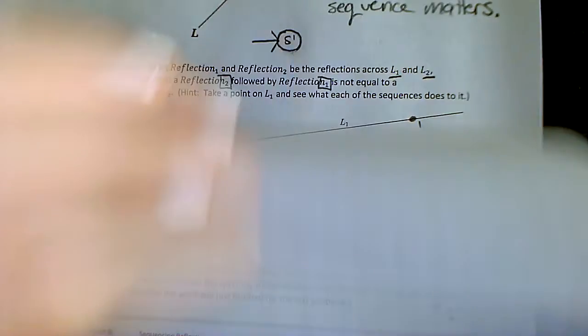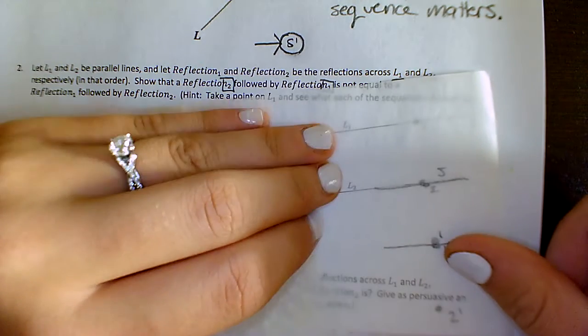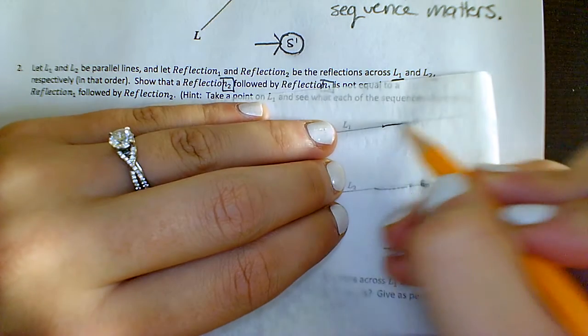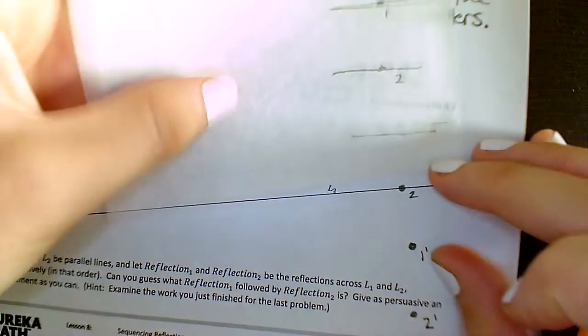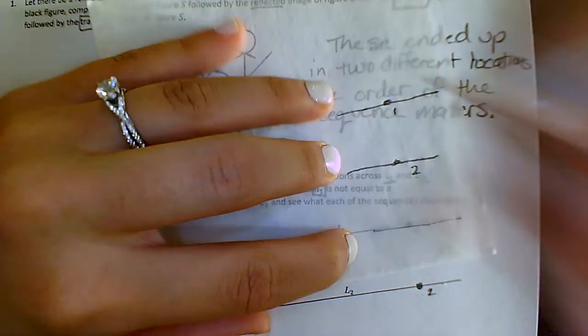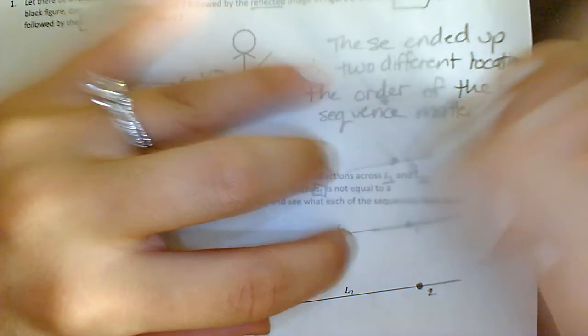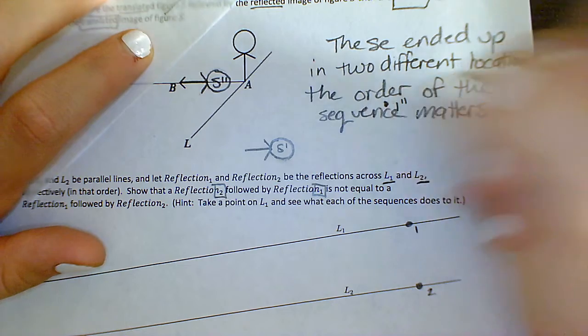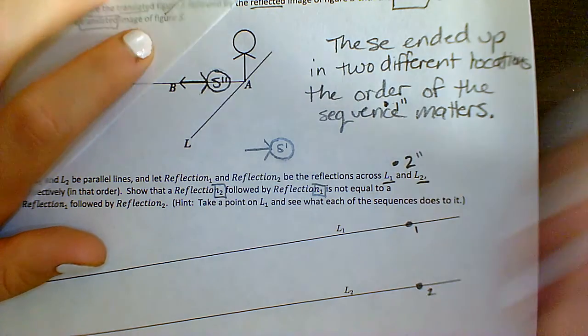Okay, so first over line 2, then over line 1, and my points end up way up here. 1 double prime, 2 double prime.